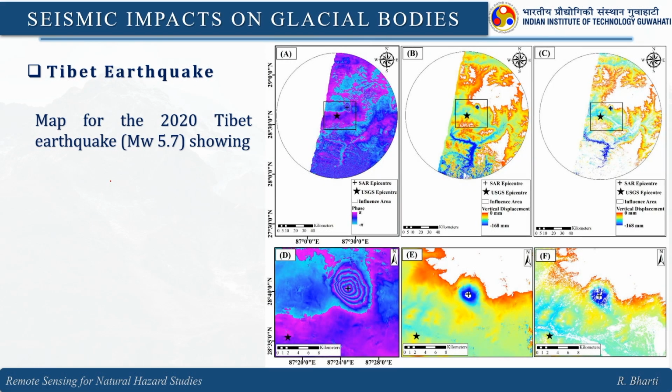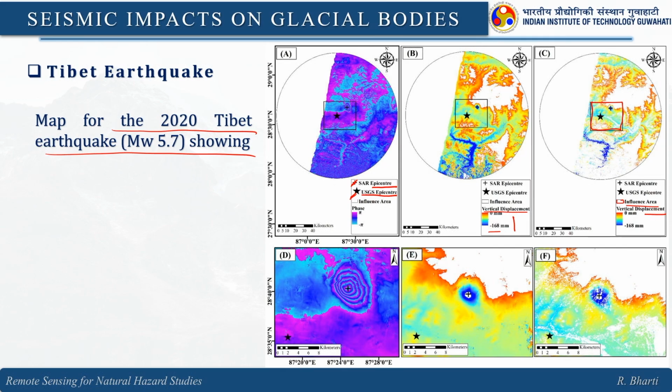So, here you can see the map for the 2020 Tibet earthquake of magnitude 5.7. Here the epicenters have also been considered. This one is from the SAR and this is from the USGS, right. And here the vertical displacement is given, the influence area is marked with this boundary, and you can see the vertical displacement which is between 0 to minus 168.